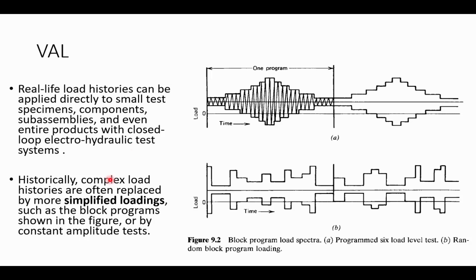In those cases, we can take those complex load histories and we introduce simplified loading, such as block programs and different structures that take very randomized data and create almost like clean averaging blocks across ranges of the time history. And this makes it just a little bit easier for us to control, and as well as a little bit easier for us to calibrate predictive models to.